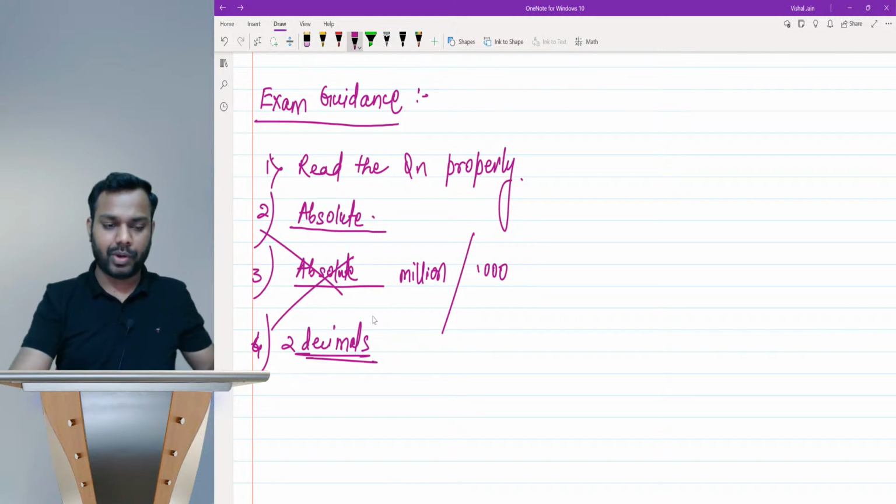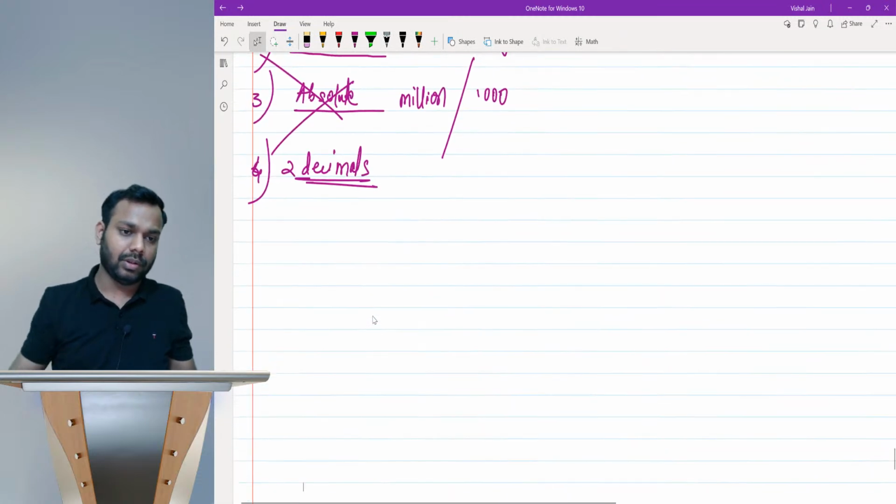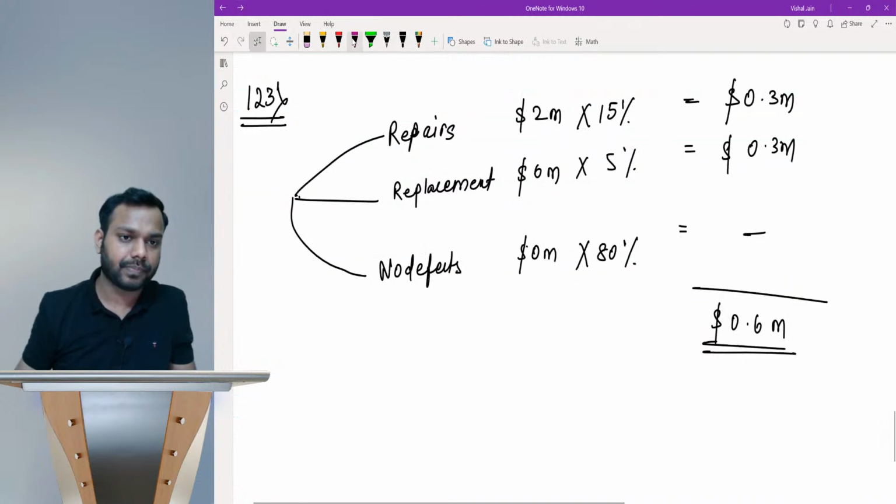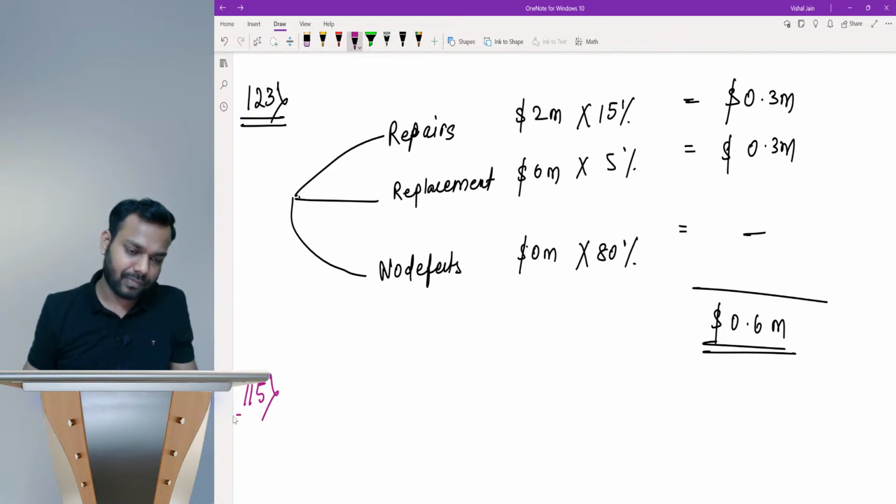Question number 115. JSM company entered into an agreement for the right to use an item of plant for a period of 10 years on 1st April 2080. The agreement required payments of 15,000 to be made.